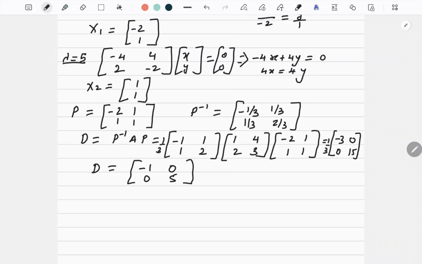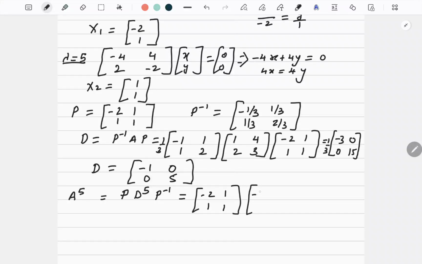Now what is the next part of the question? I need to find A to the power 5. Correct? Now when I am finding A to the power 5, what do you have to do? A to the power 5 means you have to apply the formula P D to the power 5 P inverse. Correct? So now P is what? P is minus 2, 1, 1, 1.